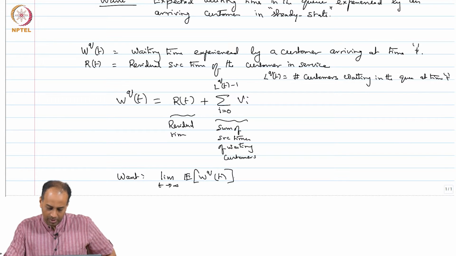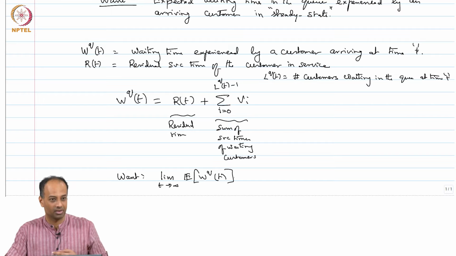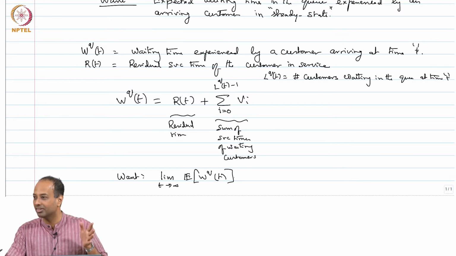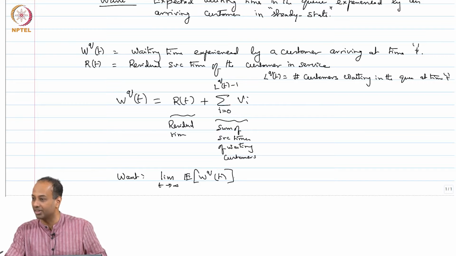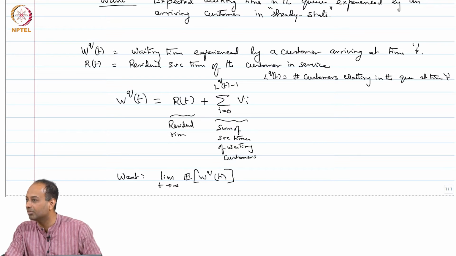So, in doing this, we are going to invoke some key properties which we have studied before. One of them is the PASTA property, which is Poisson Arrivals See Time Averages. Remember, this time t is not any old time, it is a time at which a particular customer is coming into the system. So, the arriving customer at time t sees a queue of L_Q(t) and a residual time of R(t).